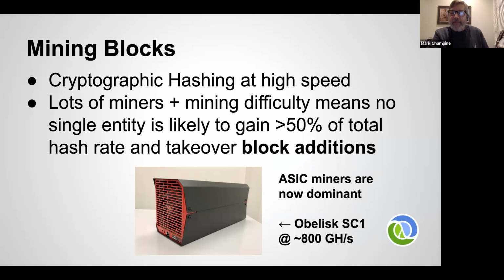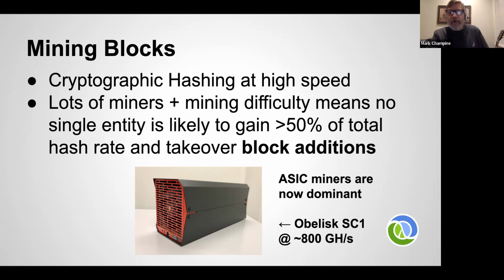The essence of blockchains, a reliable single view of a public record, relies on this idea that it's difficult in terms of computational resources to mine a block. And because it's expensive, because it's difficult, no one entity can have more than 50% of the total computational power of the entire network.